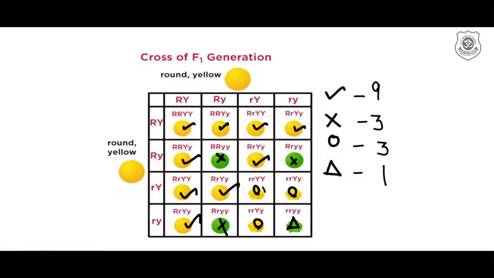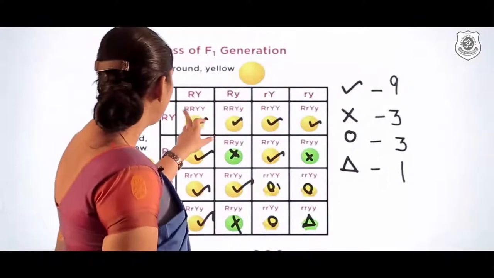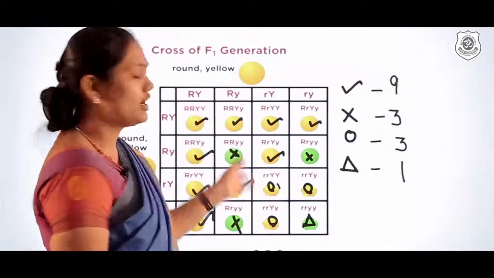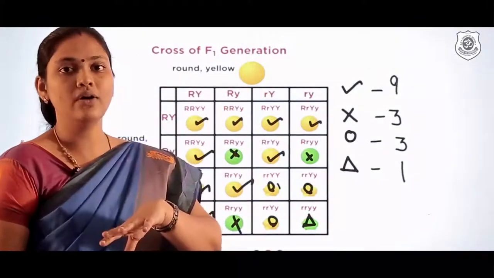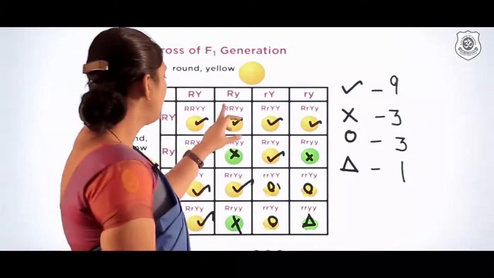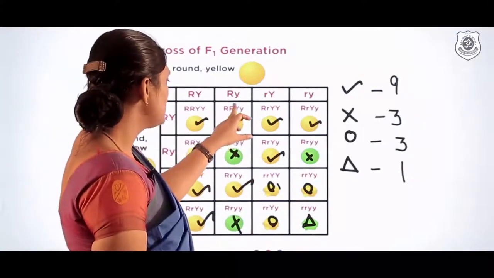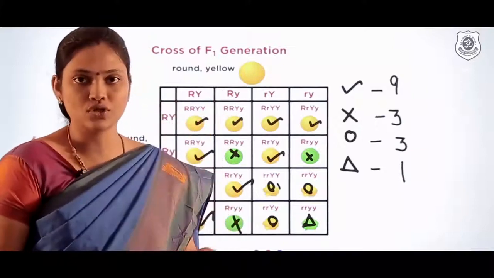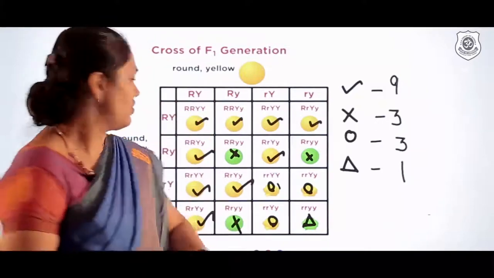What is the conclusion over here, children? Capital R, capital R, capital Y codes for round yellow. Capital R, capital Y, small y also codes for round yellow.